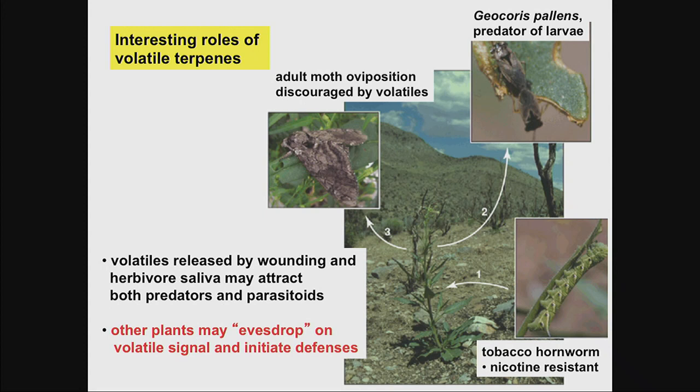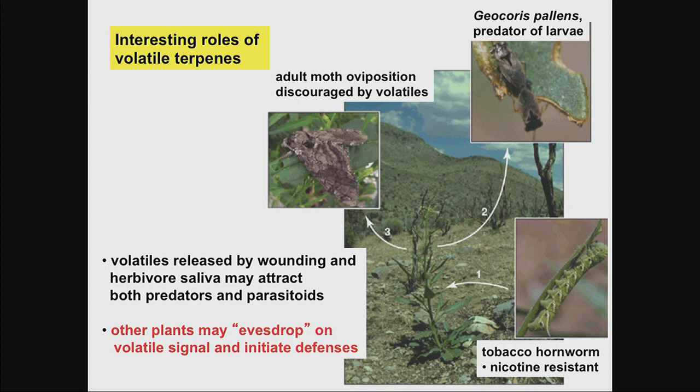But in addition, the female adult moths, they sense those volatile terpenes as well, and they avoid plants that are producing it because they know the defense is coming of the parasitic wasps. So this is a great multitrophic level example. And if I put two tobacco plants like this together and infect one with hornworms, this starts producing volatile compounds.